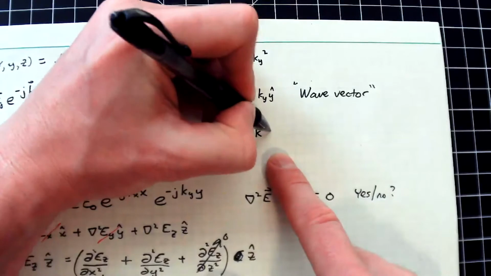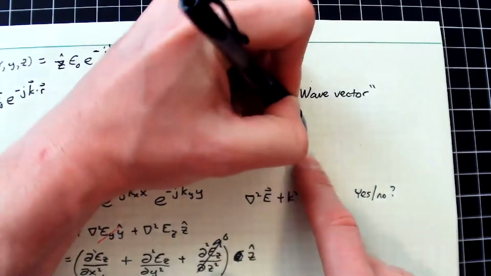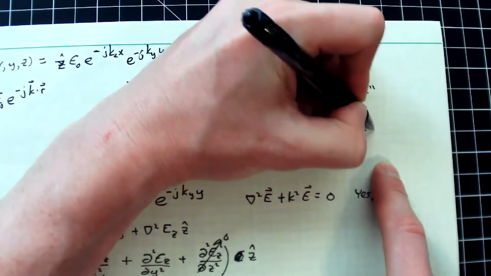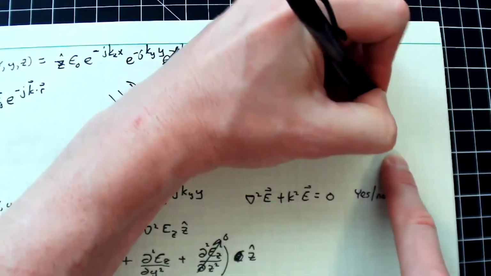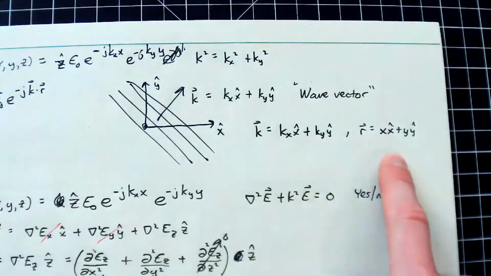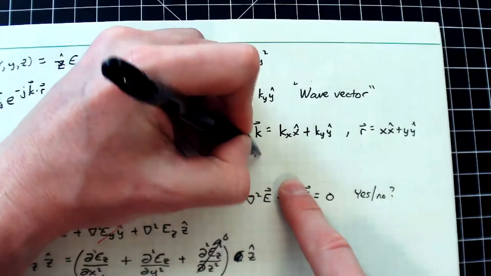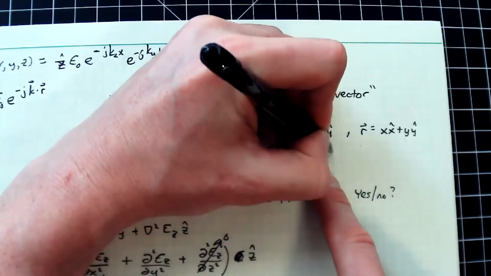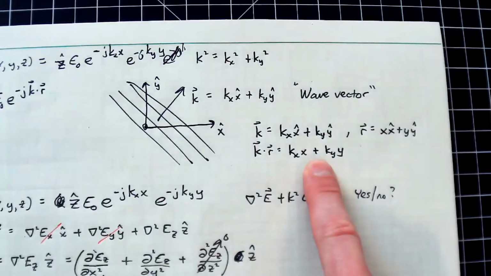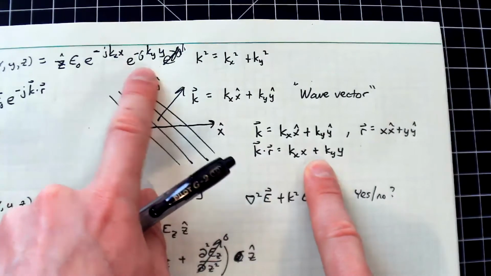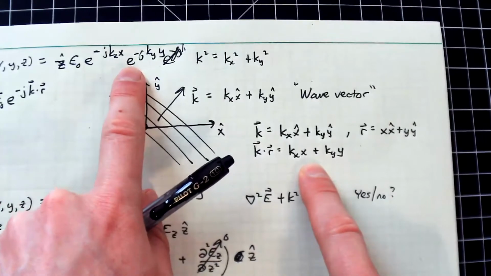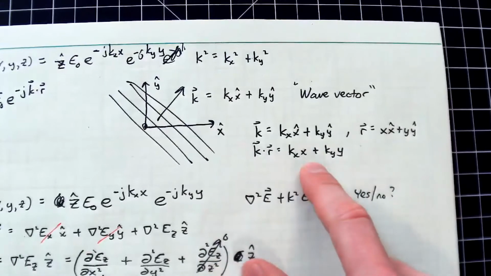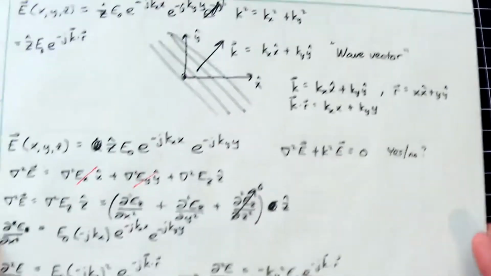You say k is equal to kx x hat plus ky y hat, and r is a position, a coordinate vector, x x hat plus y y hat. So k dot r just becomes kx x plus ky y. In the complex exponentials, if you have an e to the that, they become a product. So this is just a nice shorthand to compactify that expression up there.